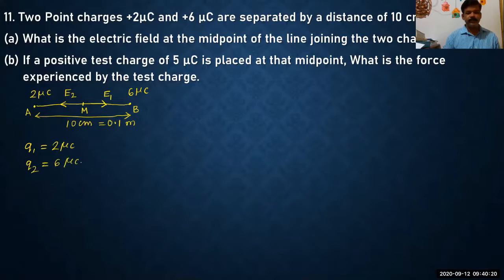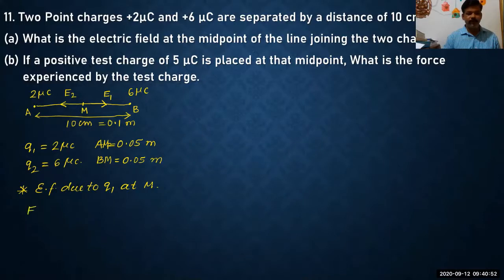First, observe here, the electric field due to Q1 at M. As M is the midpoint, AM is 0.05 meter and BM is also 0.05 meter. It will help you while finding the electric field.